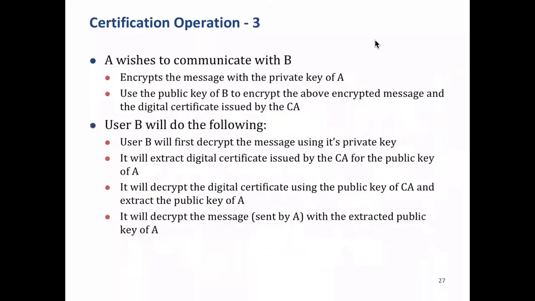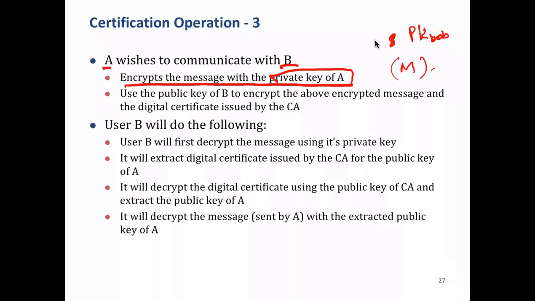Okay. So now Alice wants to communicate with Bob. What will she do? Now we assume that Alice knows the public key of Bob. That is, PK of Bob is known to her because of similar steps, right? So she encrypts the message with the private key of A. So there is a message M. She encrypts it with the private key of A, that is SKA.